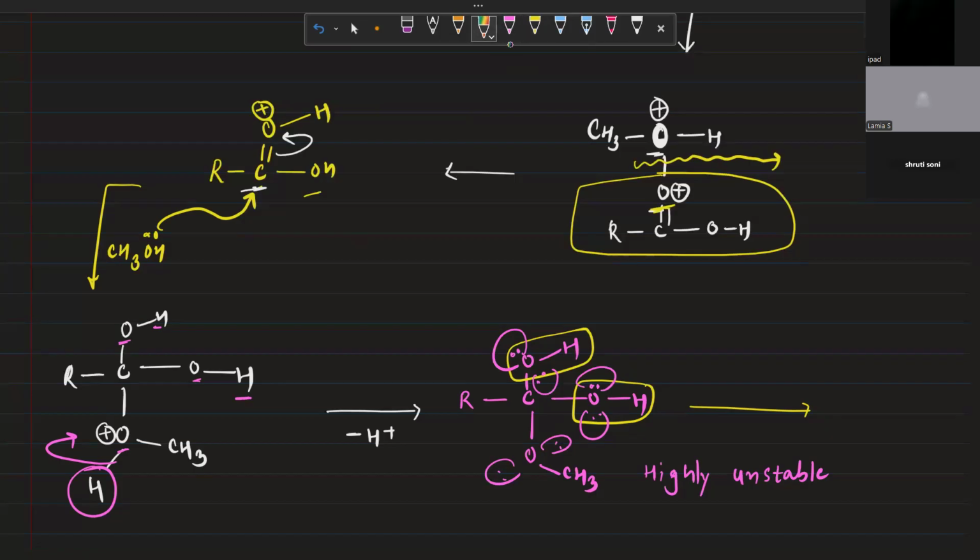You need to remember that mechanism. The hydrogen shifts to here and this OH bond will break. Are you able to identify what I'm doing? Let me have a second.